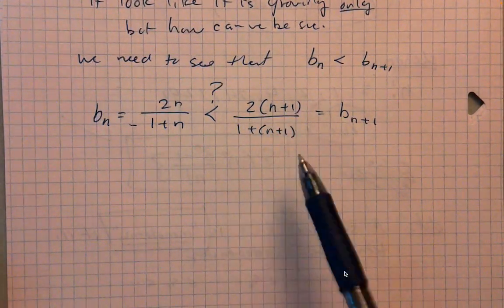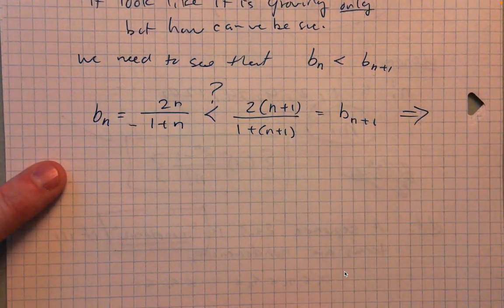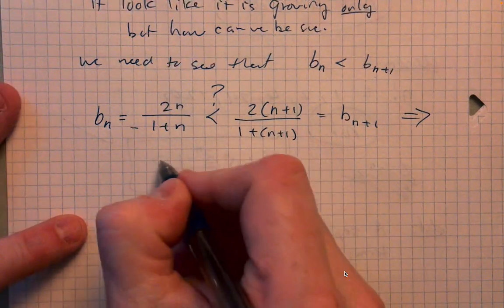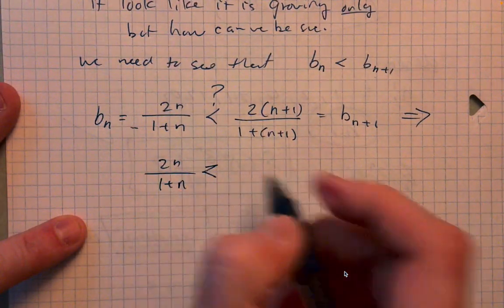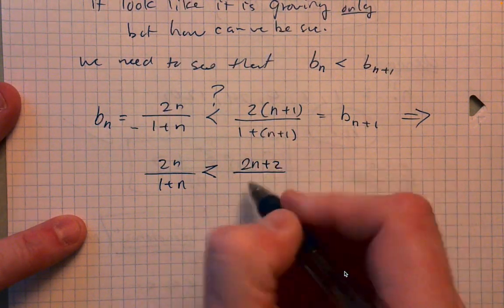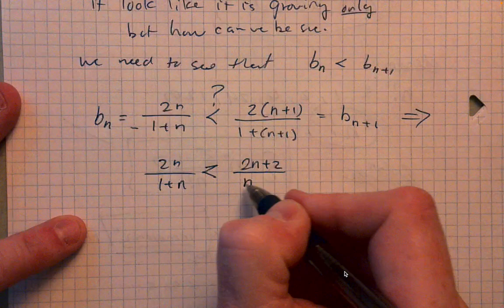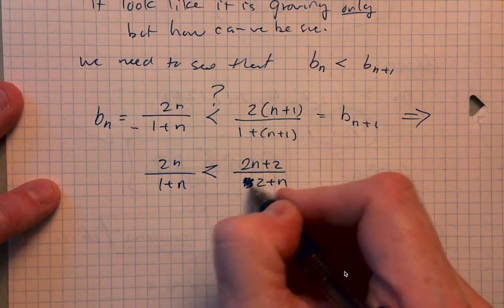Now let's do a little bit of algebra. This would be 2n over 1 plus n, and we're going to say that's less than 2n plus 2 over 2 plus n.